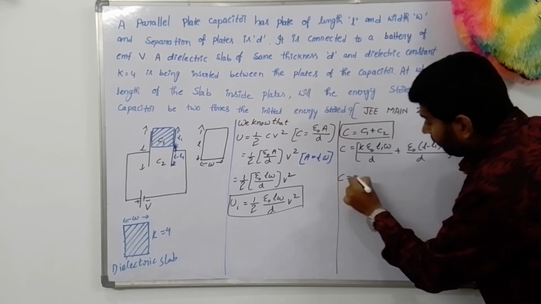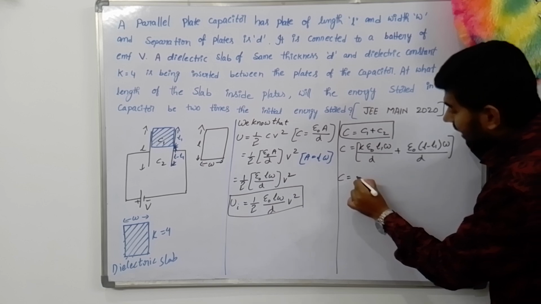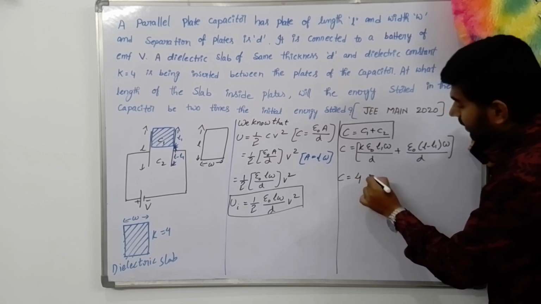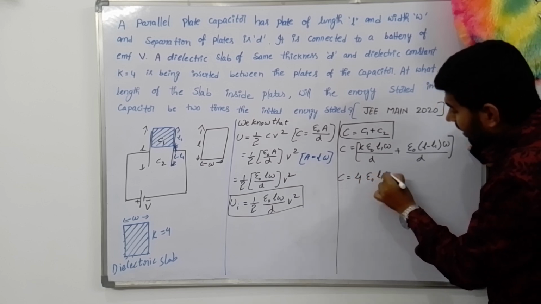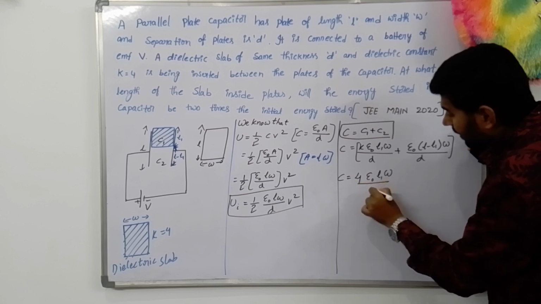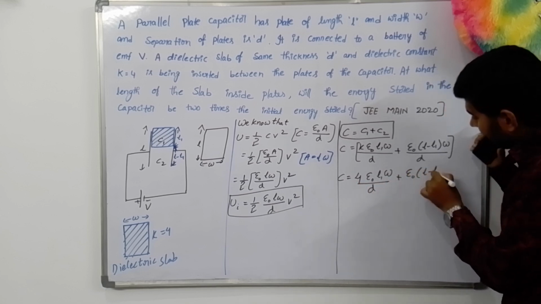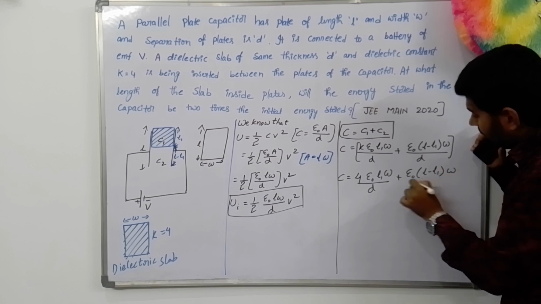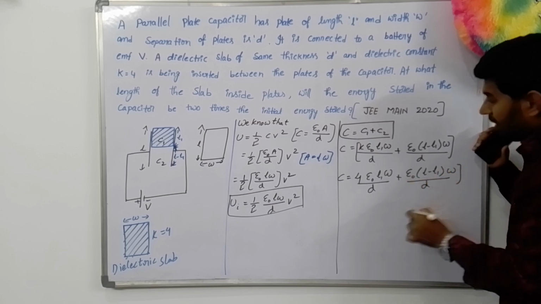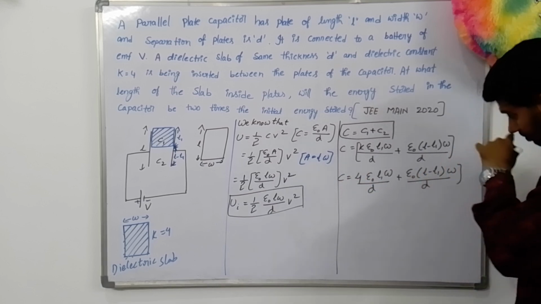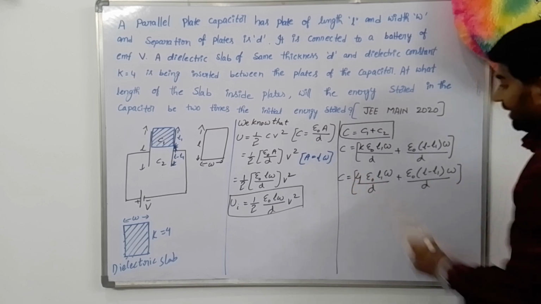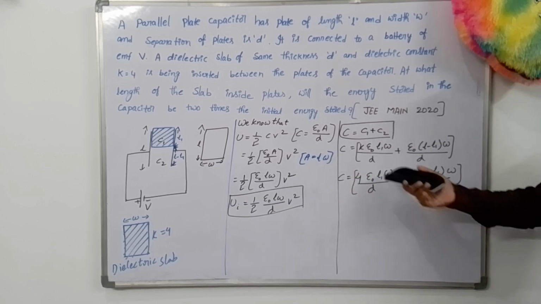But here, they have already given the K value. I can write K epsilon naught L1 W by D plus epsilon naught (L minus L1) W by D. Is it clear? This is the capacitance after inserting the dielectric slab. What about the energy?